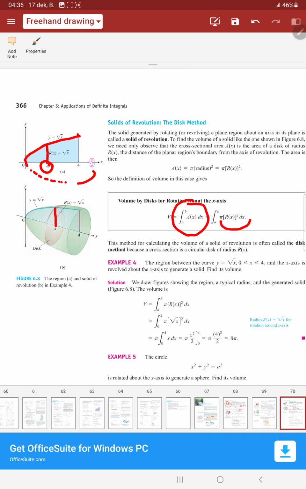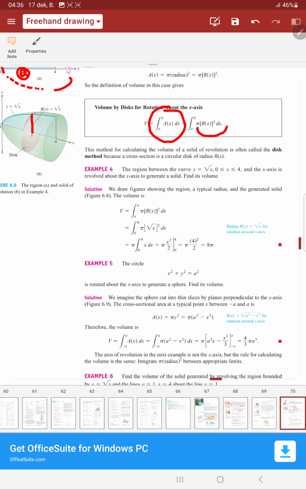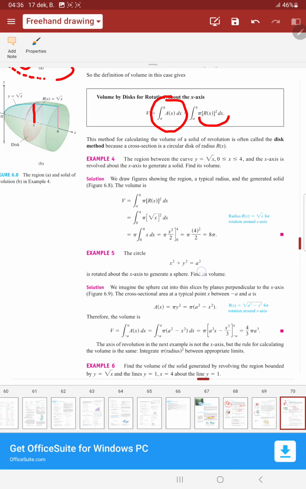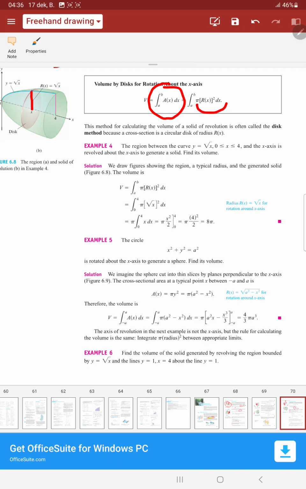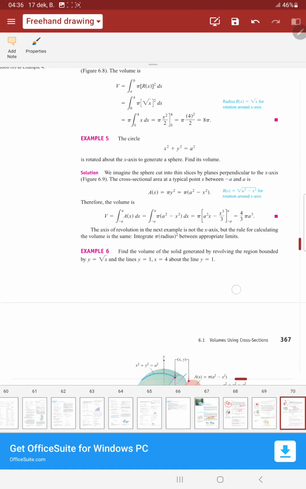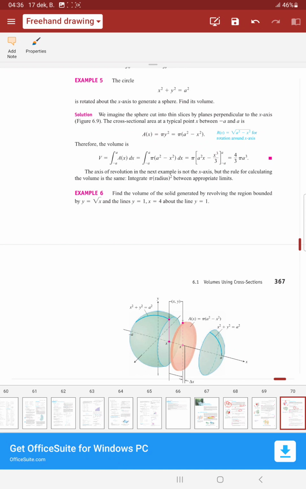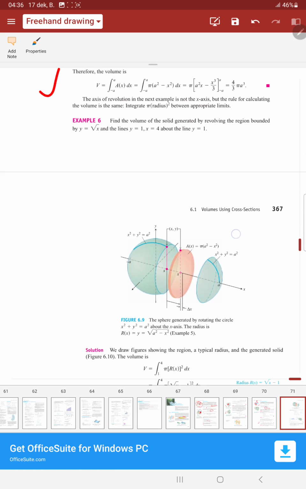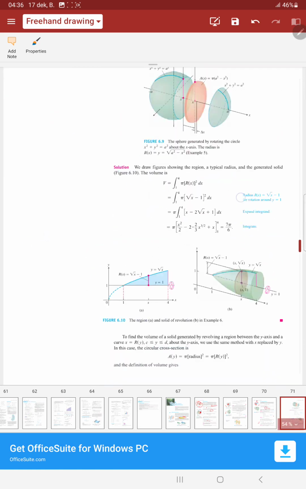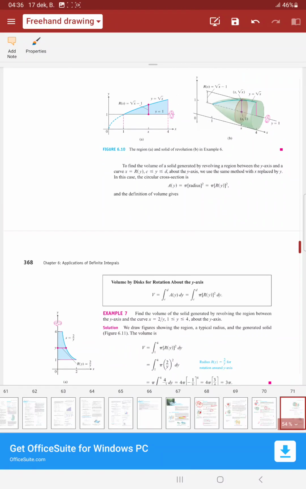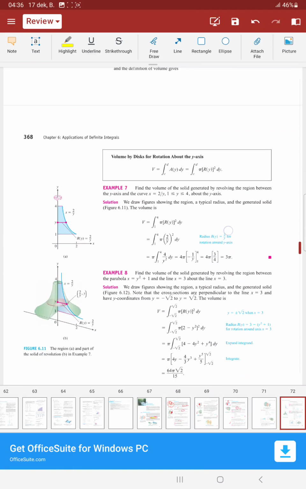For example, if this point is a, then y will be the square root of a, and as we have x in here, our radius will be the square root of x, and we'll just evaluate the integral, and that's it. This example is also the same, it's not difficult. Again, if you don't understand those examples, ask me.